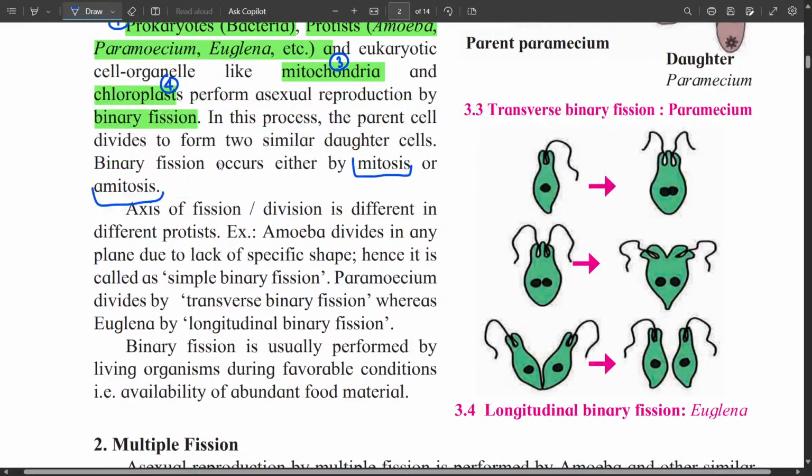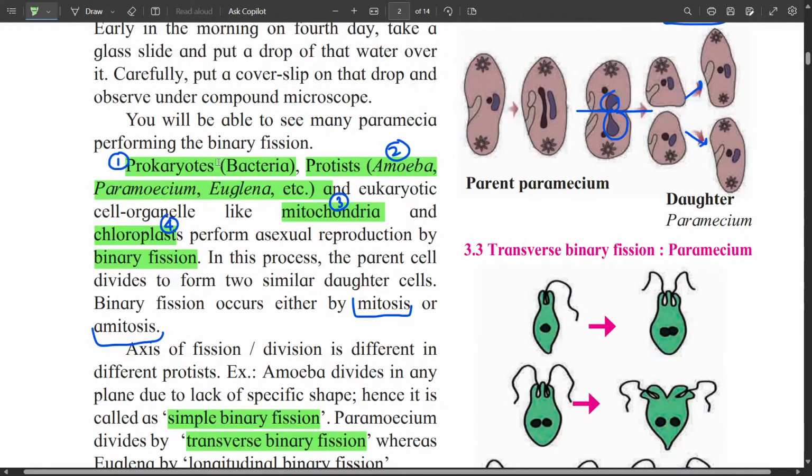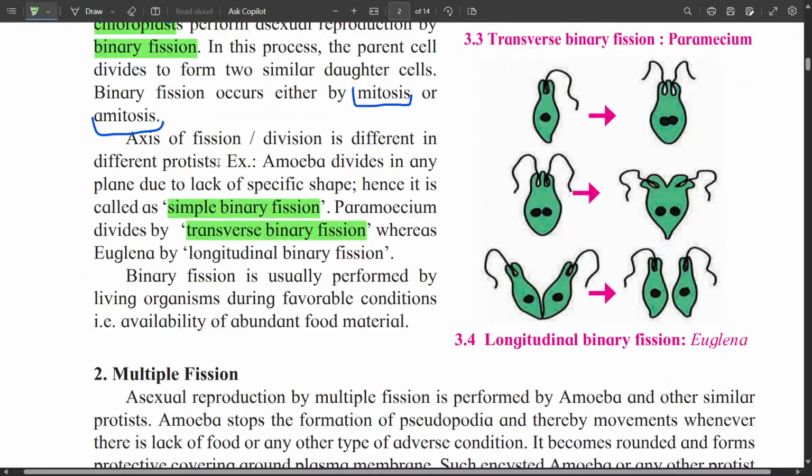Now, the axis of this cell division is important. Amoeba divides along any plane, so it is called simple binary fission. Paramecium has a transverse binary fission. You can see the horizontal plane in which the paramecium divides into two cells. In case of euglena, it's a vertical plane, so that's why it is called longitudinal binary fission.